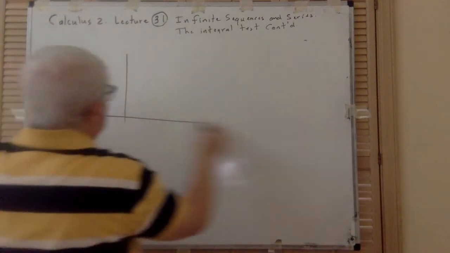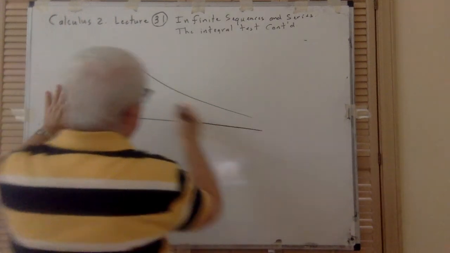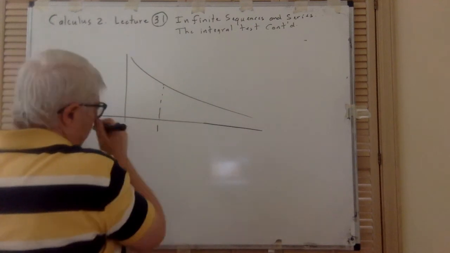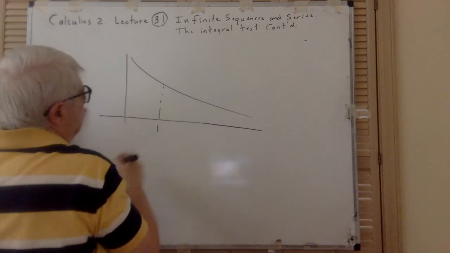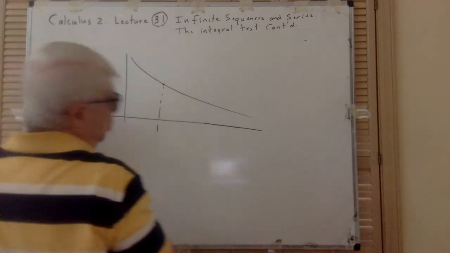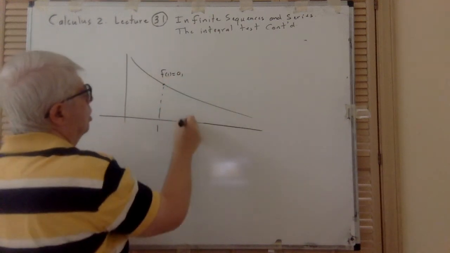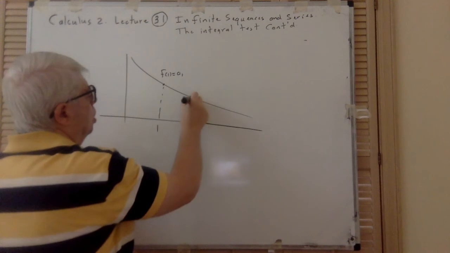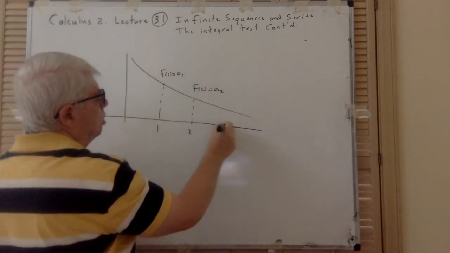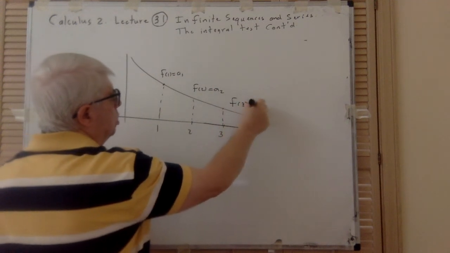I had this decreasing function that starts at 1: this is f at 1, which is a1, then f at 2, which is a2, then f at 3, which is a3, and so on.